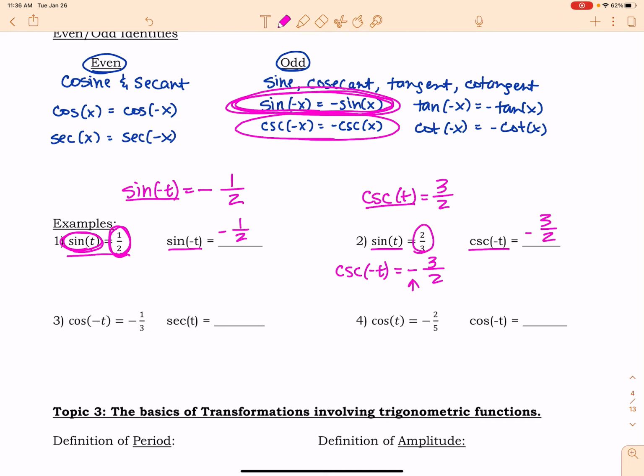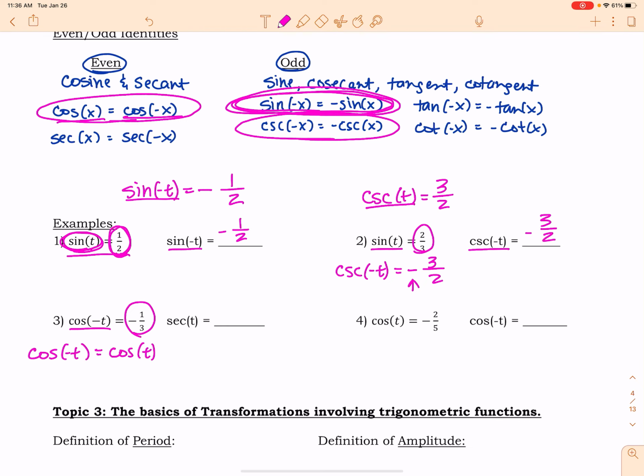Number 3, we have cosine of negative t equals negative 1/3. If you'll look up here in the identity, cosine of negative x equals cosine of positive x. So I know that cosine of negative t is the same thing as cosine of positive t. That means that cosine of positive t is also negative 1/3.